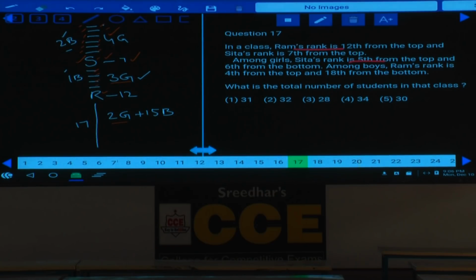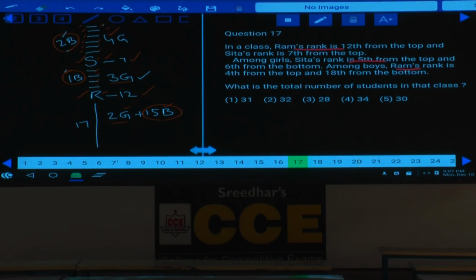Now among boys, Ram's rank is 4th from the top. Here there are 2 boys, and there is 1 person between Ram and Sita, 3 plus 1, so Ram is 4th from the top. At the same time he is 18th from the bottom: there are 15 boys after this Ram. Now 15 boys and 2 girls, 17, and Ram is 18th from the bottom.